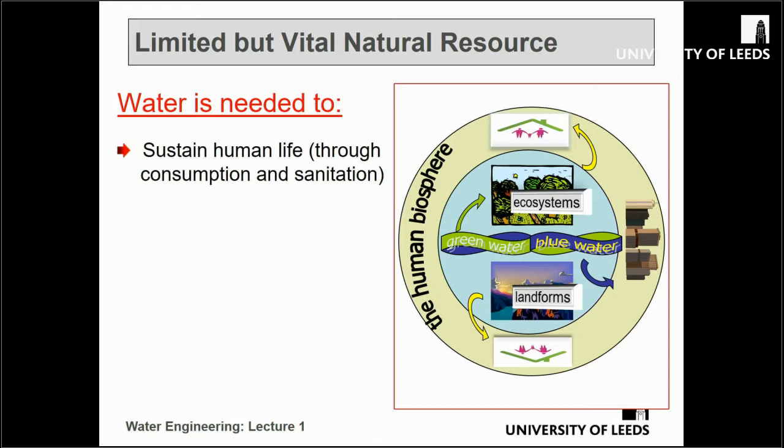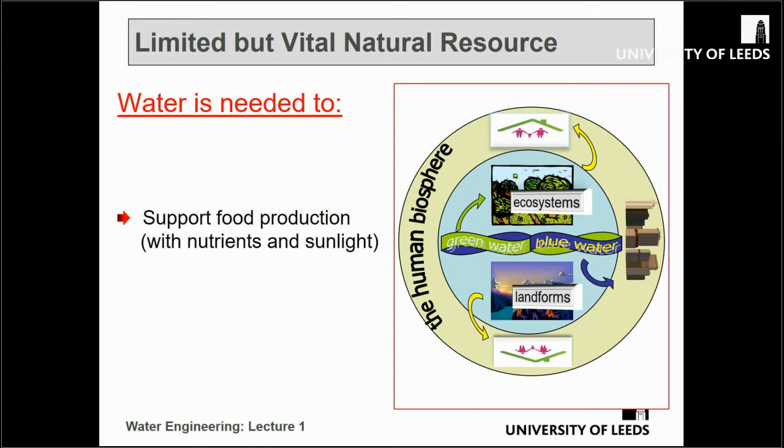Water is needed to sustain human life, through consumption and sanitation. Sanitation is a big thing. We need to take dirty water away from people, otherwise people start dying very rapidly. And it's sanitation that has allowed societies to grow over the years.